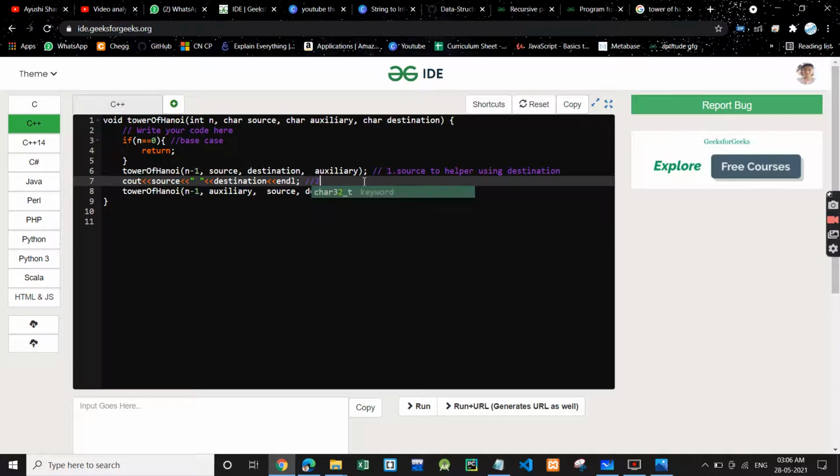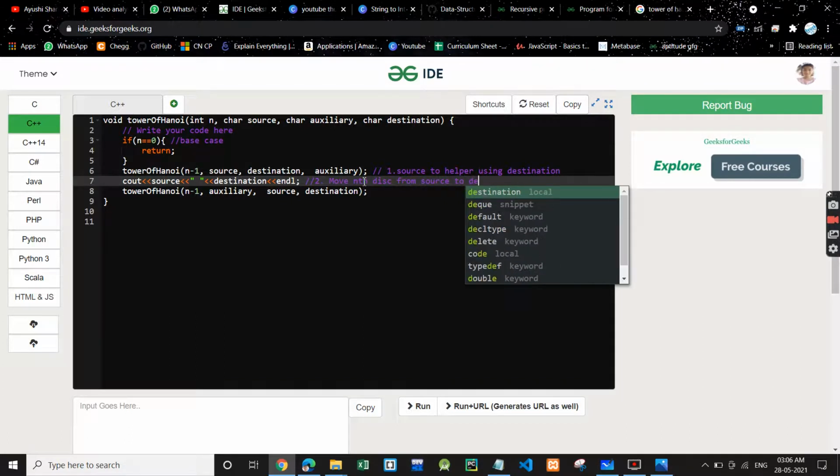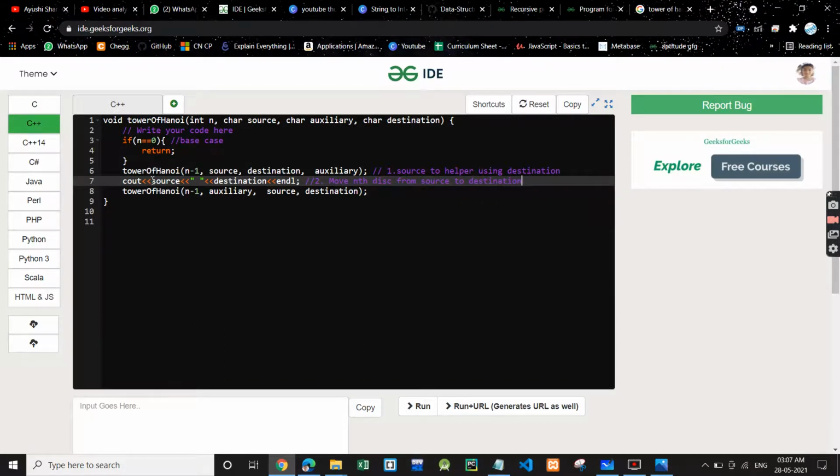Then the second step was to move the nth disk from the source to destination, right? We are just printing that we are making this move from source to destination.